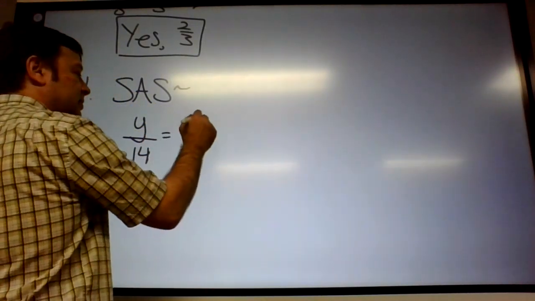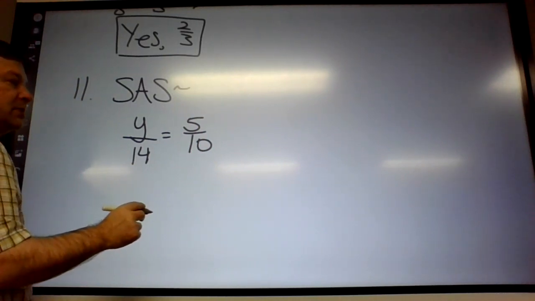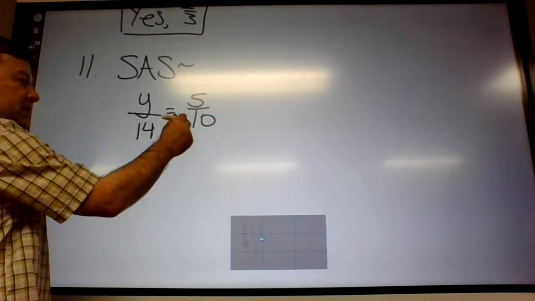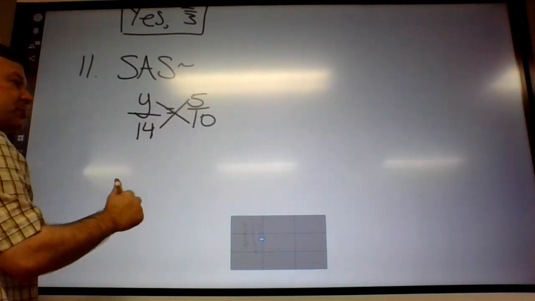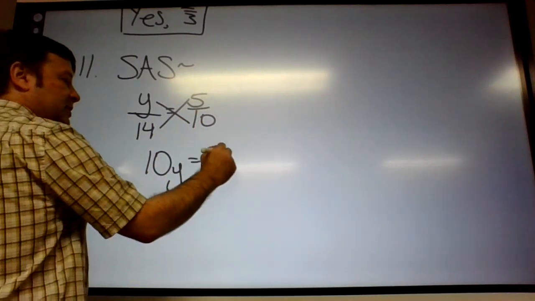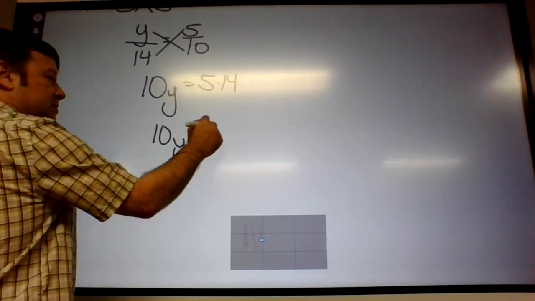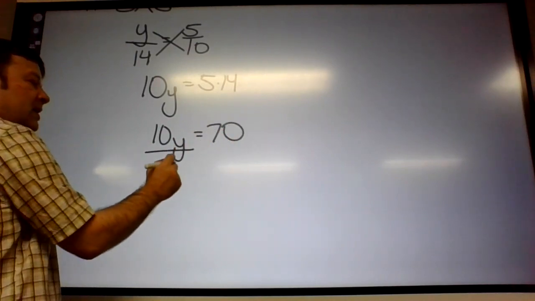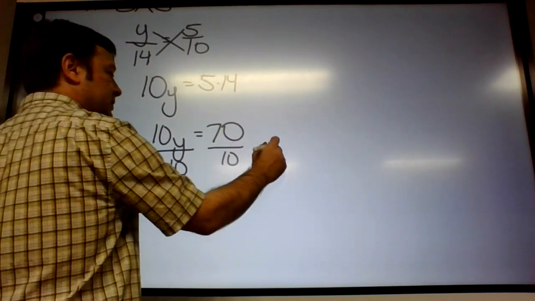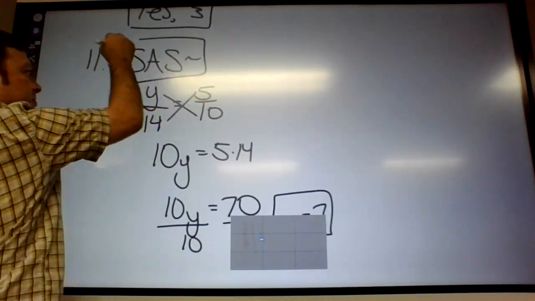You could reduce 5 over 10 to 1 to 2, and that would make it a little easier, or you could just do it. So then you cross multiply: 10y equals 5 times 14, which is 70. Therefore, y is 7. So that's the answer, and this part's the answer. Two answers.